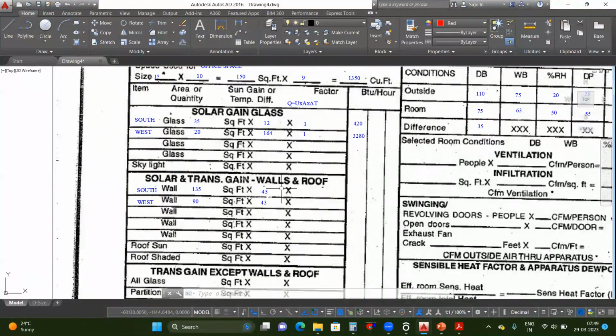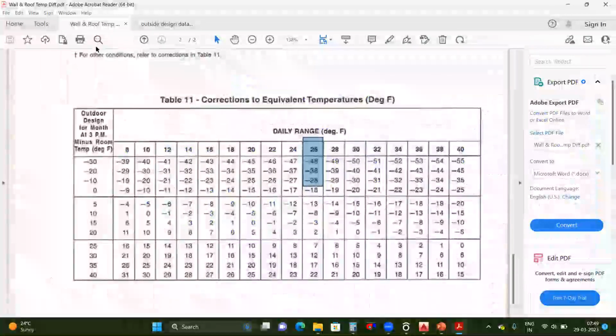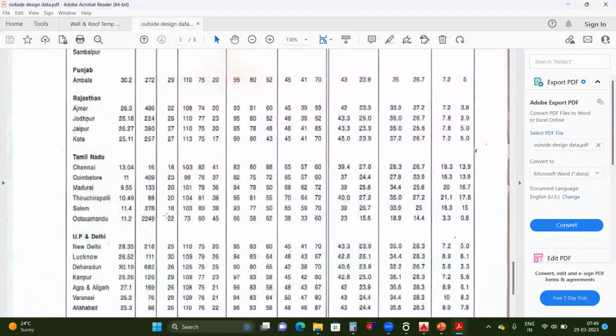For example, if your wall construction is 1 inch thick, the heat transfer will be high. If the wall is 2 inches thick, the heat transfer will be less. So depending upon the construction, the thickness of the material and the plastering, the U value will differ. I will show one example for the U value calculation, and you can follow the same procedure for all types of materials.